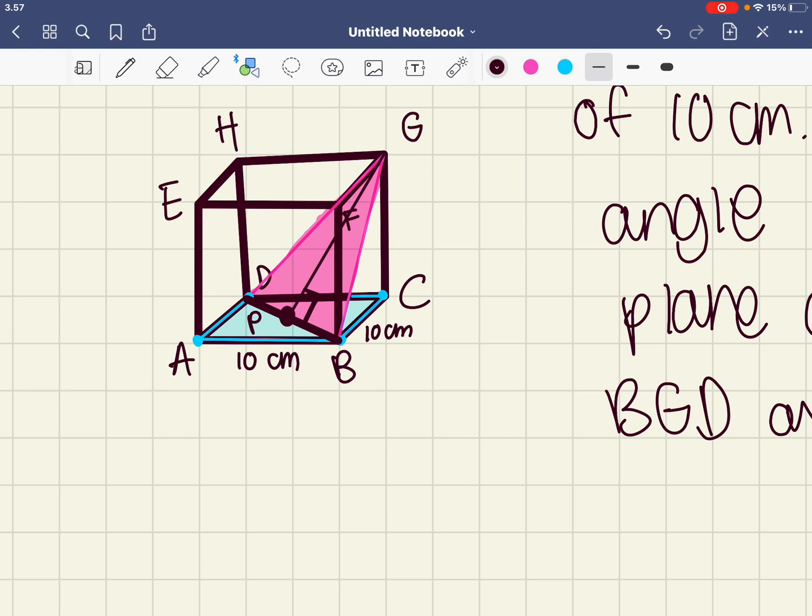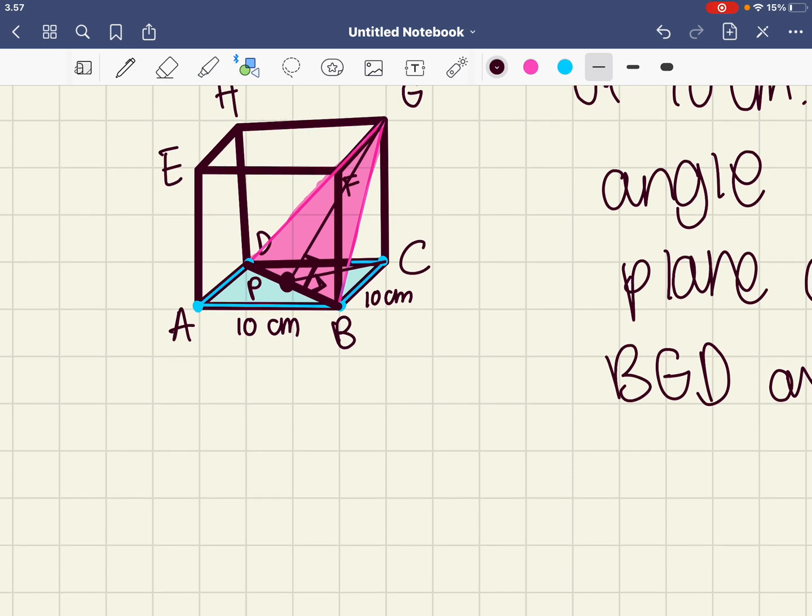And then because DCB is also a triangle, and they share a base here, there's also a perpendicular that goes straight to the base. Okay, so we established that, and it is useful later.